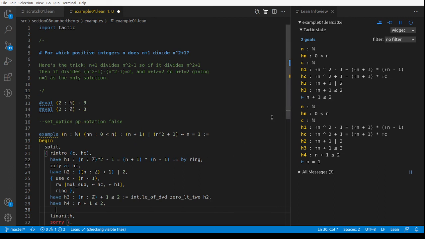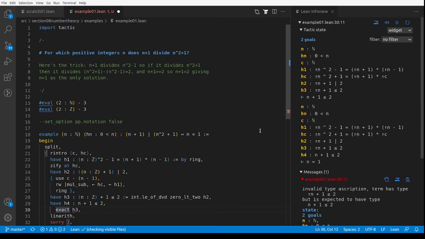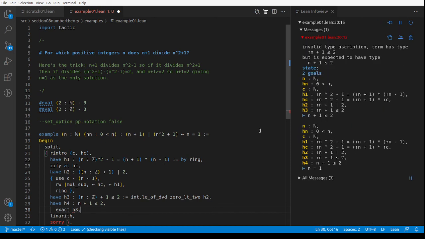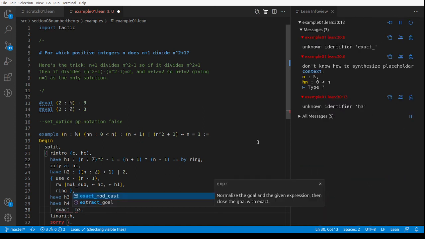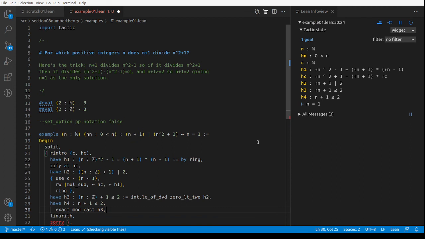So you can see this is h3, but exact h3 won't work, I suspect. Yeah. But you see these maps from the naturals to the integers are called casts. And so there's a tactic called exact mod cast h3, which does work.